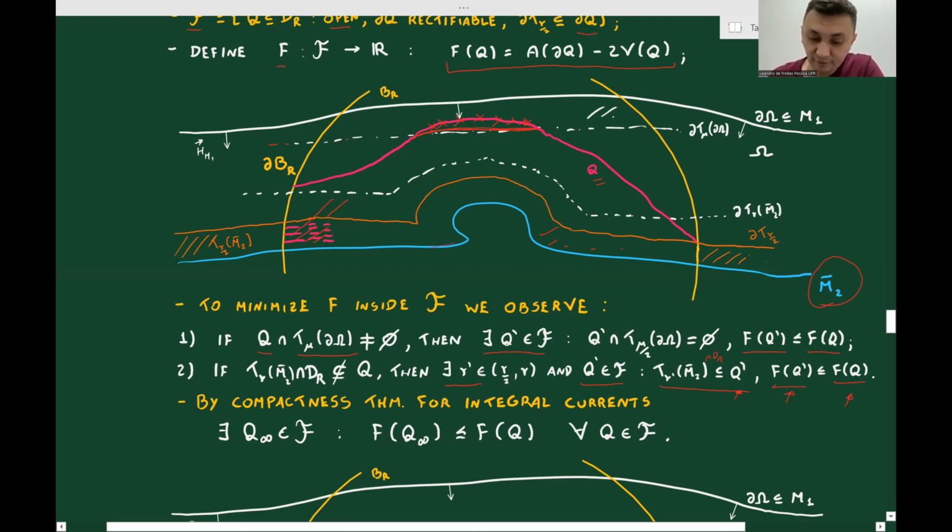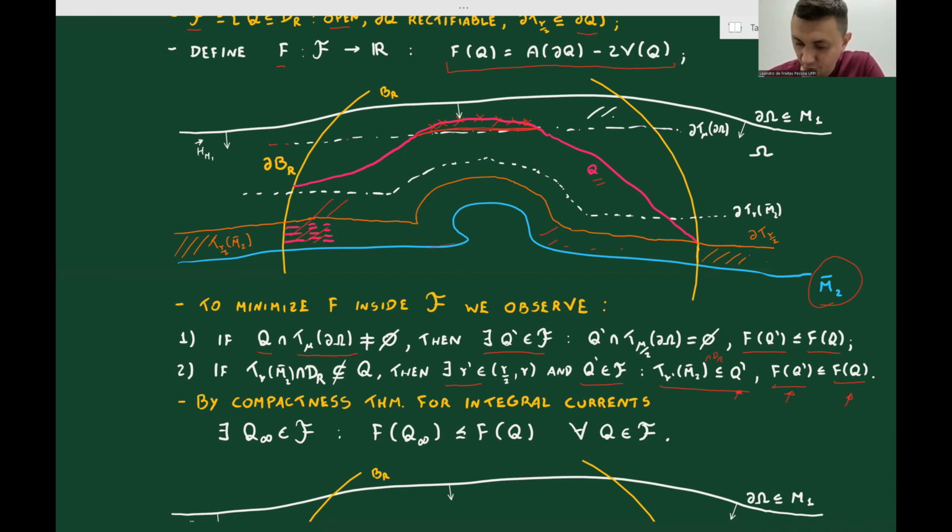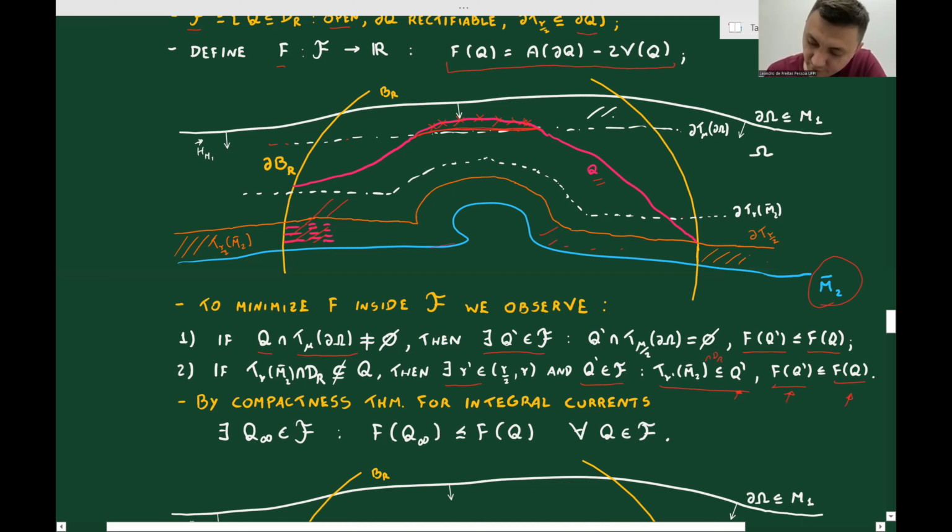In this case, I have drawn here the subset Q, and if it happens, I can just increase my subset.